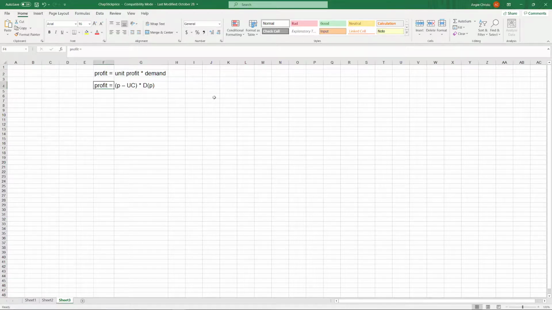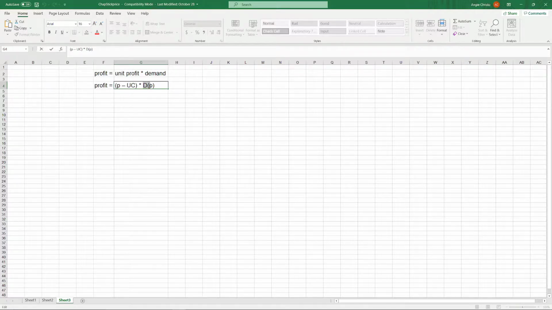So if we want to write the formula, if P is our price, and we can say unit cost, that is the cost per product. The price per product minus the cost per product would be the profit per product, or per unit. So unit price minus unit cost gives us the profit per unit.